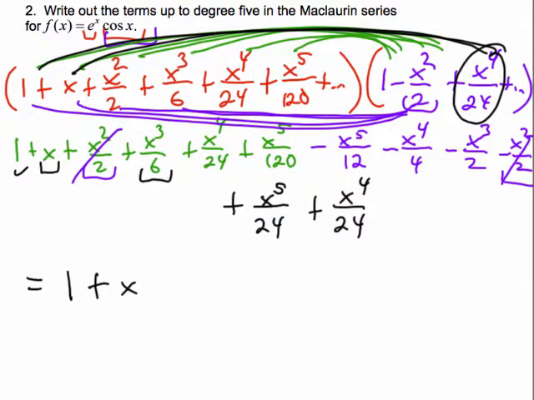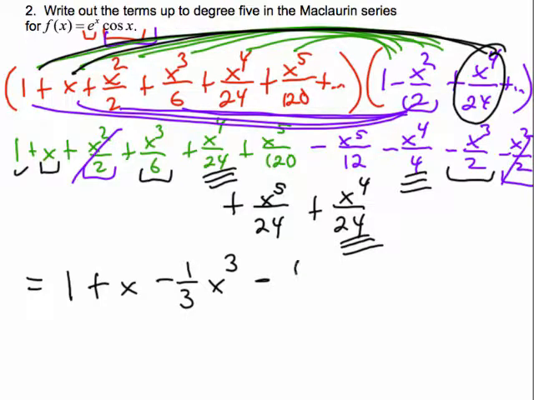Degree 3, 1/6 minus 3/6 will be negative 2/6, which is negative 1/3, x to the 3. x to the 4, common denominator is 24. 1/24 plus 1/24 minus 6/24 is negative 4/24, which is negative 1/6.